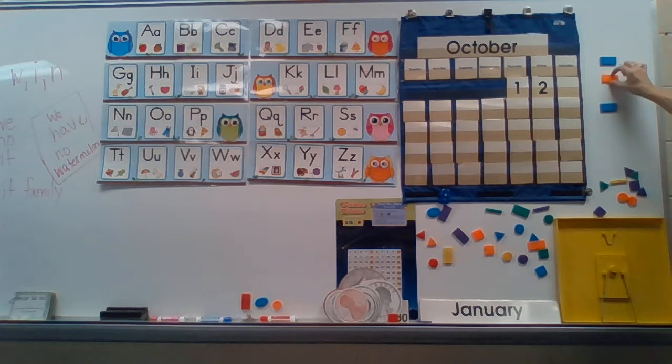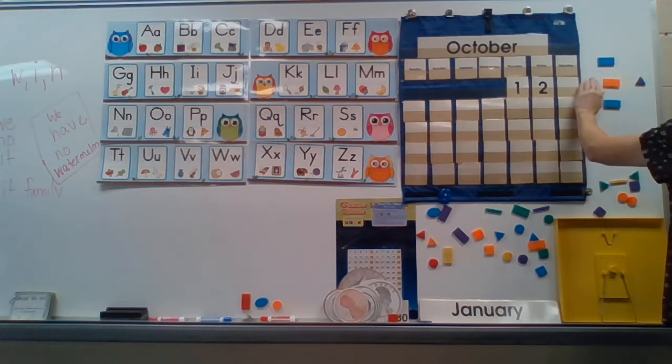See, it's next to both of them, but it's in the middle of them. It's in between. All right? Now we might also say there is a blue rectangle below the orange rectangle. Or there is a blue rectangle above the orange rectangle. All right?